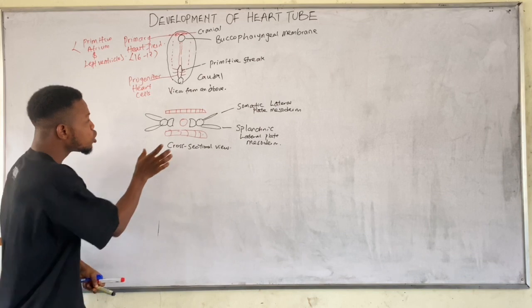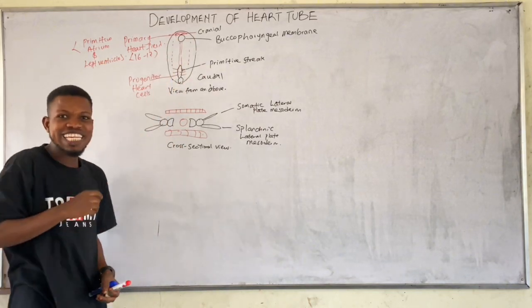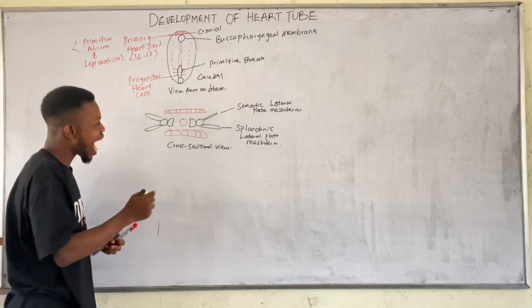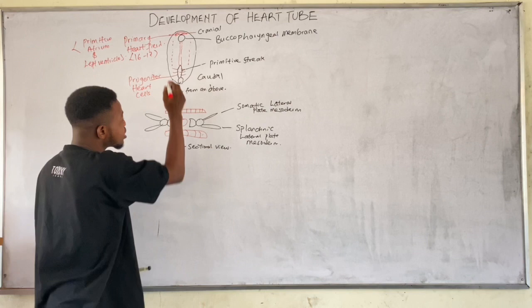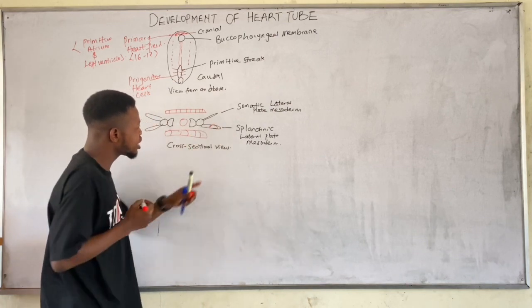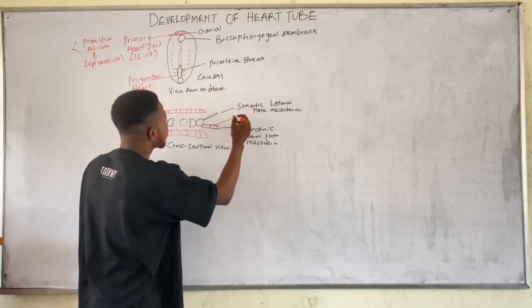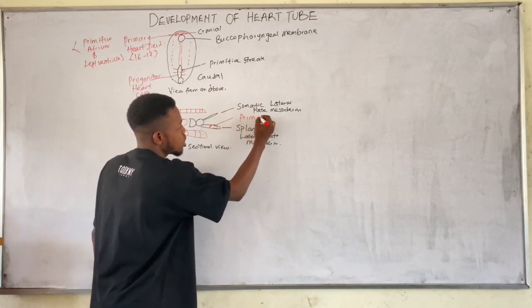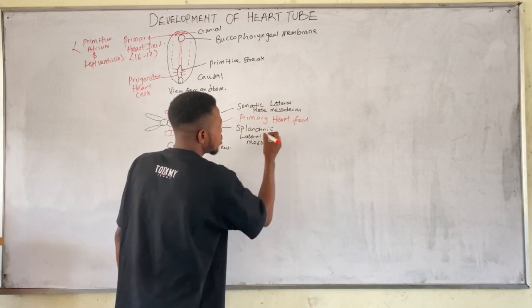Do you get it? Now, using this view tells us that this cardiogenic area is located at the what? Splanchnic lateral plate mesoderm. So this is where. So this is it here. This is our what? This is the primary heart field. Yes.